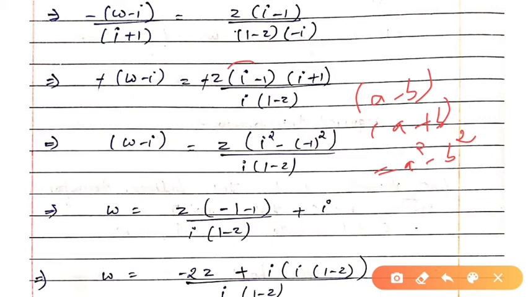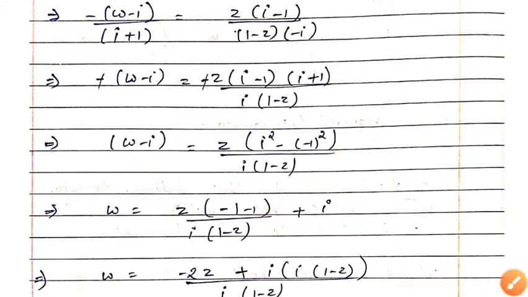So this can be written as i square minus minus 1 whole square. Okay, so this i square, a square minus b square, this will become plus 1, right? Now minus 1 square can be written as i square can be written as minus 1 and this minus 1 is as it is, and this I am transforming to the other side, so this minus i will become plus i, right?